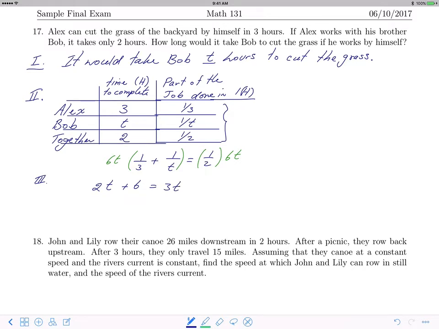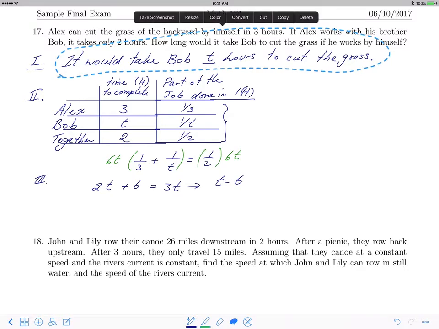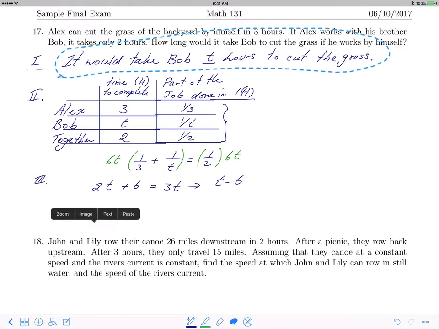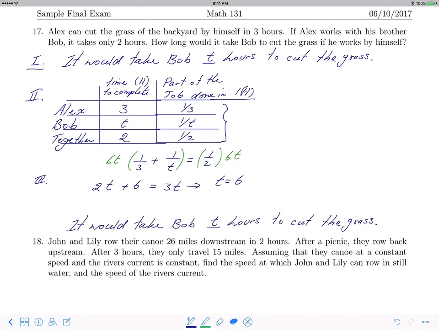And so subtracting 2t from both sides, we see that t is equal to 6. So therefore, in step 4, we can write the sentence again. This time, instead of t, we can replace that with 6 hours. So it would take Bob 6 hours to cut the grass if he worked by himself.